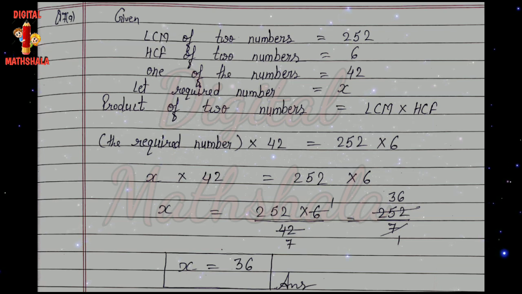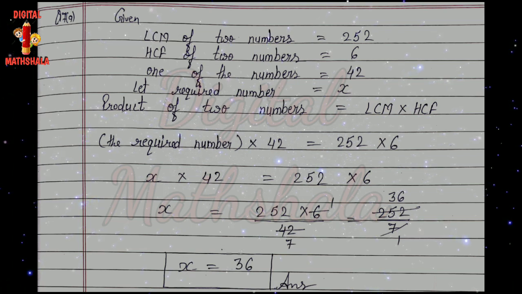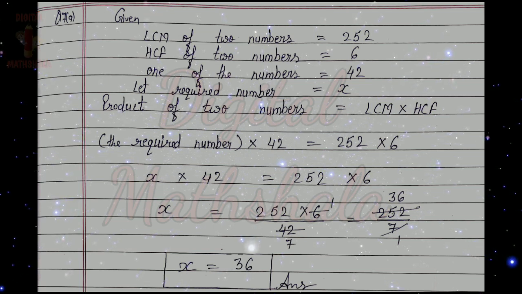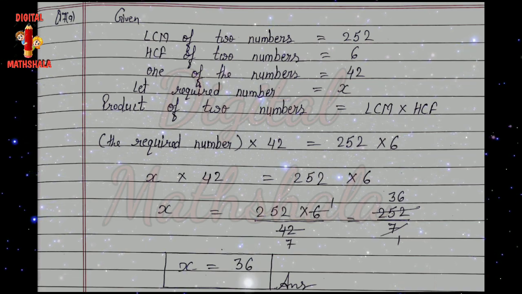One number is already given, 42, LCM is 252 and HCF is 6. So we transfer 42 to the other side. It is in multiplication here, when we transfer to the other side, it will come in division. Now when we cancel out all these numbers and change this into the simplest term, we will have 36. So the x value is 36 here. I hope you understand this.